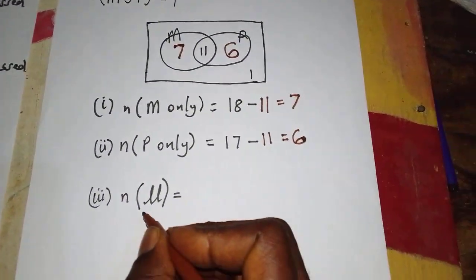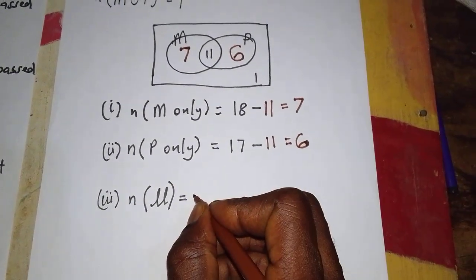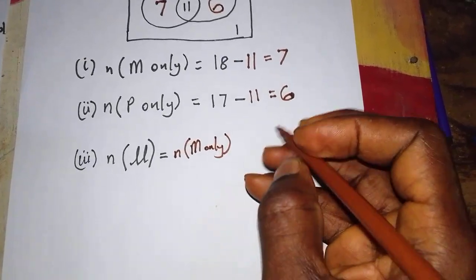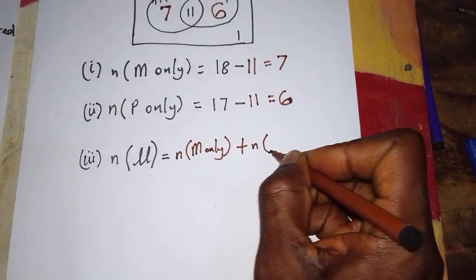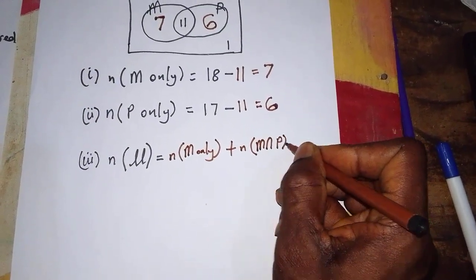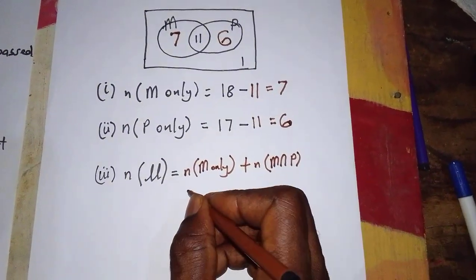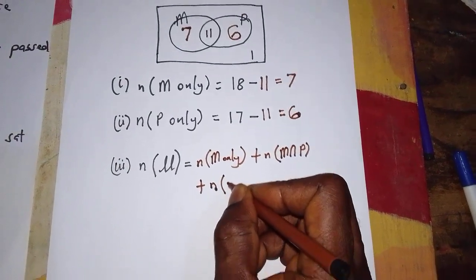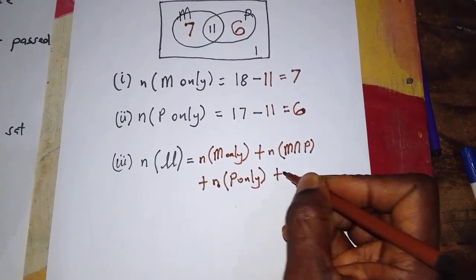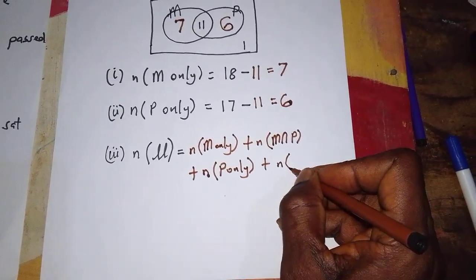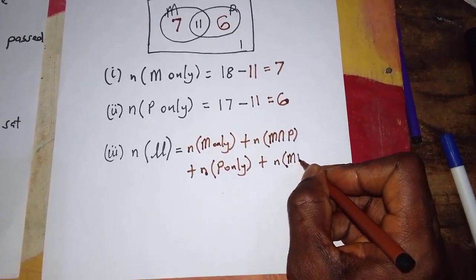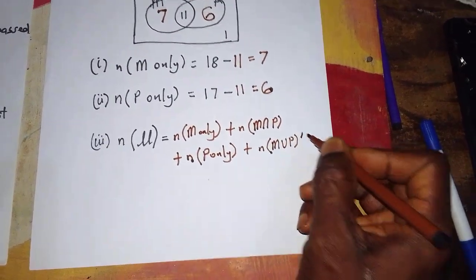So the number in the universal set is the number of students that pass mathematics only, plus the number that pass mathematics intersection physics, plus the number that pass physics only, plus those that did not pass any of the subjects, that means mathematics union physics complement.